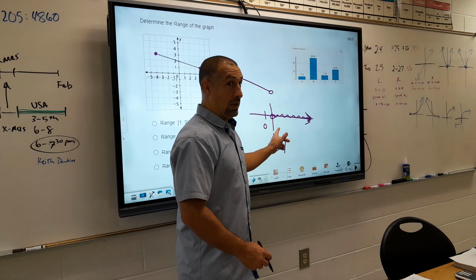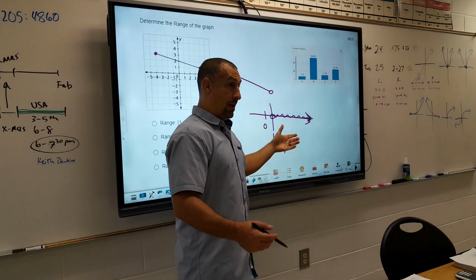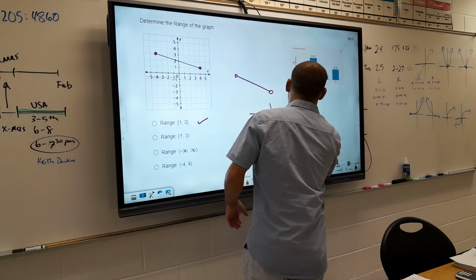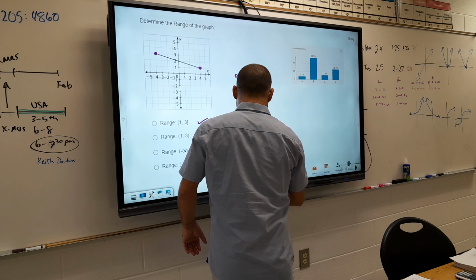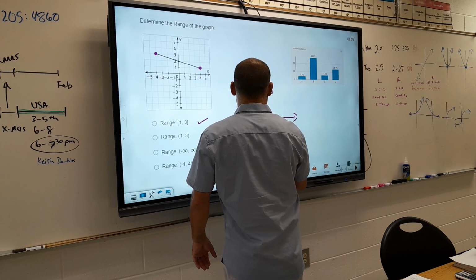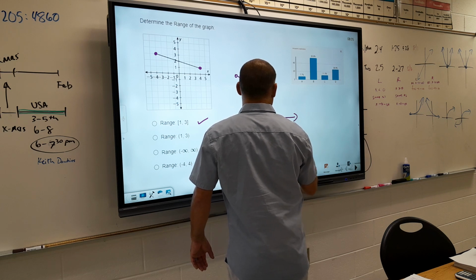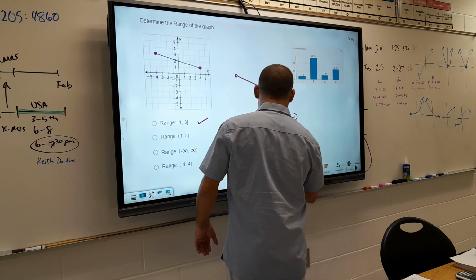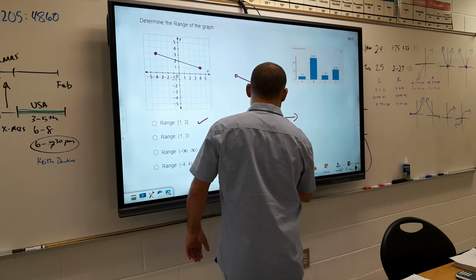Because the dot's open and not shut. Y'all remember that from middle school? You should. Open circle and closed circle on lines is a thing. Open circle, if that's a 1, you say x is greater than 1. If it was a closed circle like that, you'd say x is greater than or equal to 1.